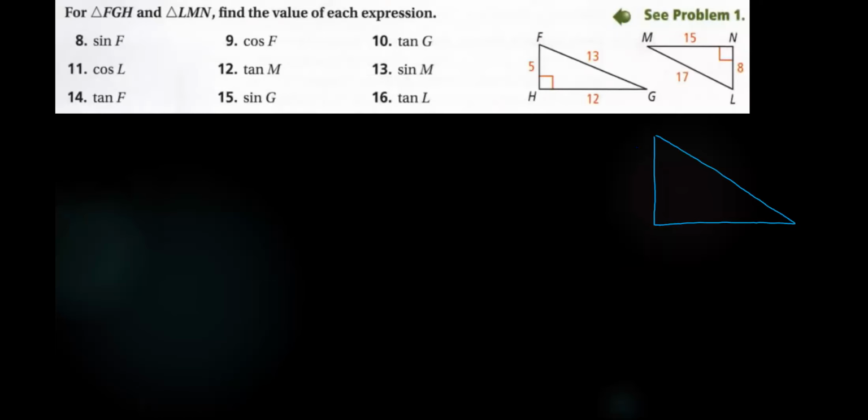Here is F, here is H, and here is G. Since this is F, this is the opposite, this is the adjacent, and this is the hypotenuse.